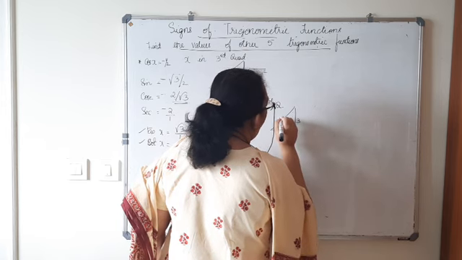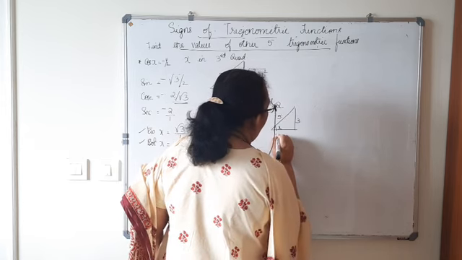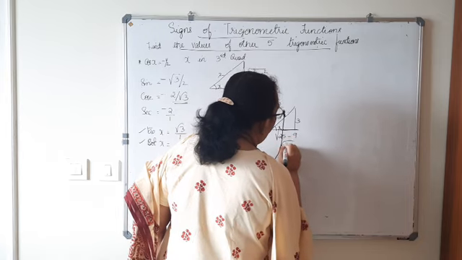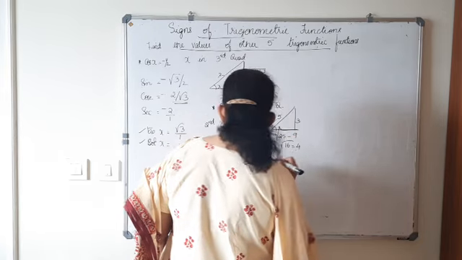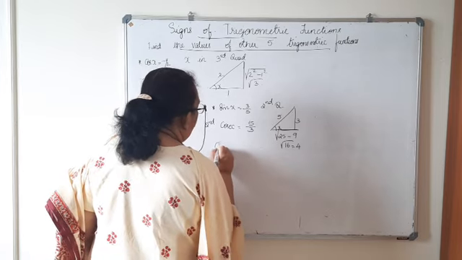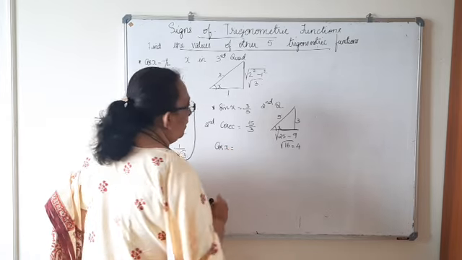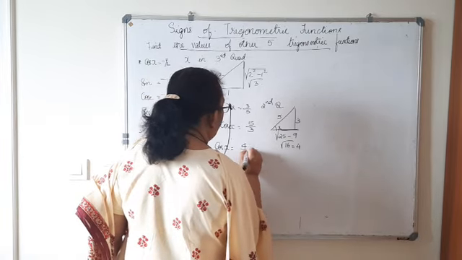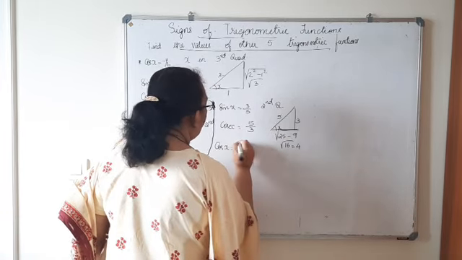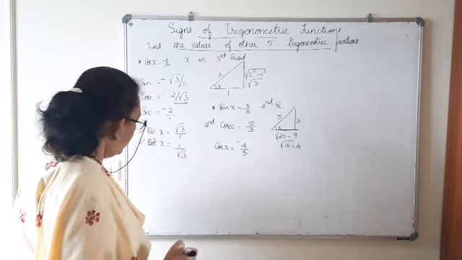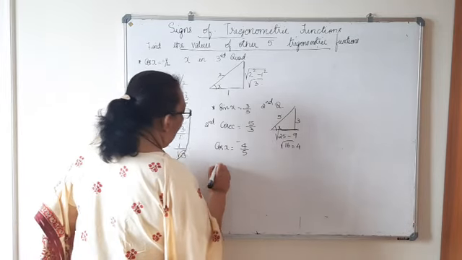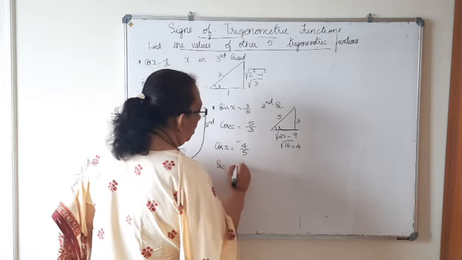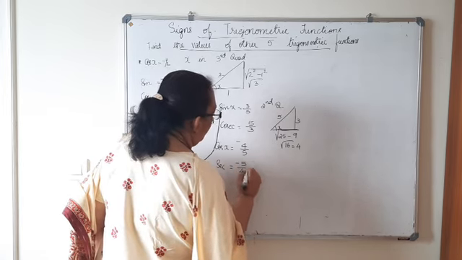Sin x is equal to opposite side by hypotenuse. The adjacent side is equal to root of 25 minus 9, root of 16, which is equal to 4. Cos x is equal to adjacent side by hypotenuse, but in the second quadrant, cos is negative. Secant is a reciprocal of cos, that is minus 5 by 4.